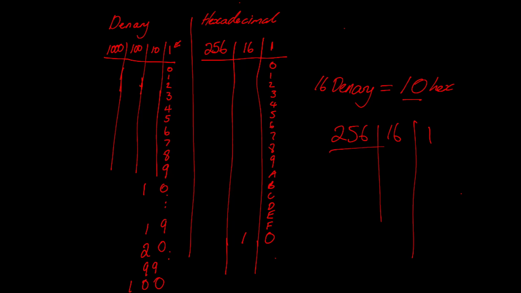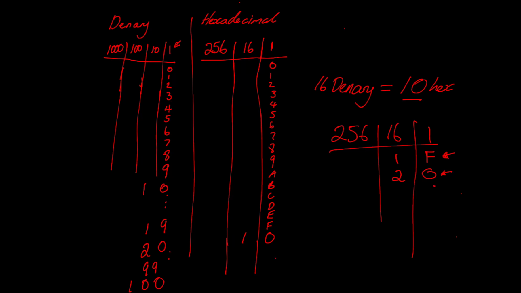So the next breakpoint, if I redraw the table, will be an F in this column. So what I will do is add 1 to the 16 column and then I will put a 0. So that number there is the number that is followed by this number.